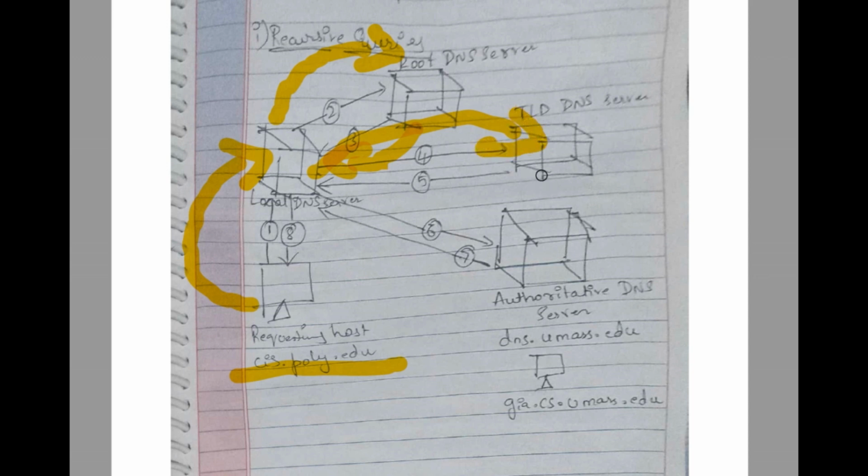The TLD DNS server also doesn't have the IP address, so it gets back with the IP address of the authoritative DNS server. This is what is happening in the arrow marks.